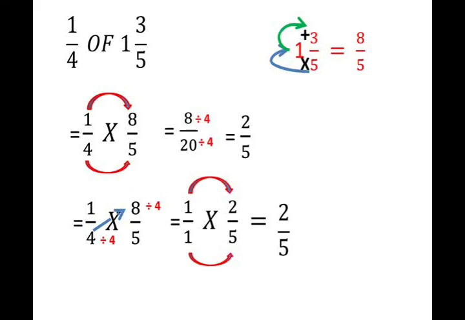You can either simplify the numerator and denominator of the same fraction, or you could cross simplify the numerator and denominator across fractions. All right, and then multiply. So multiply and then simplify, simplify and then multiply. Either way, you will end up with the same answer.